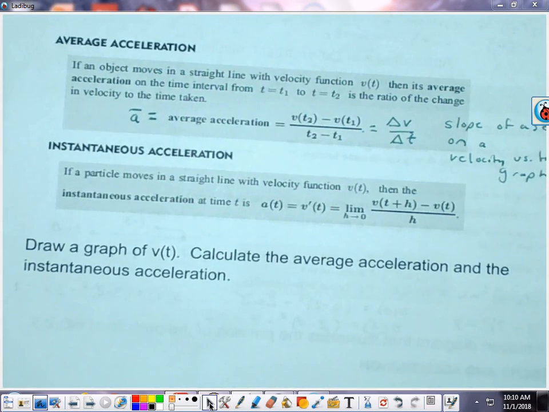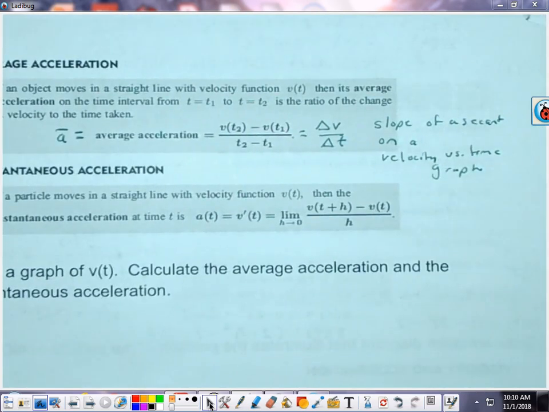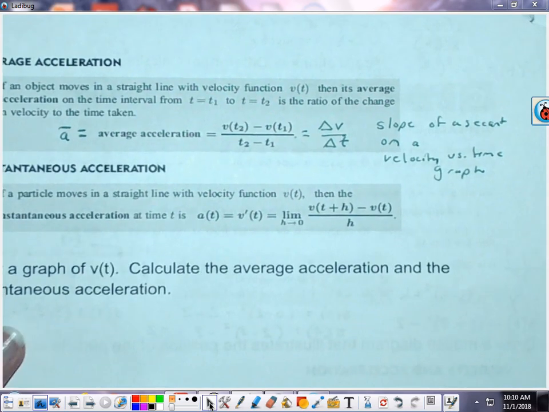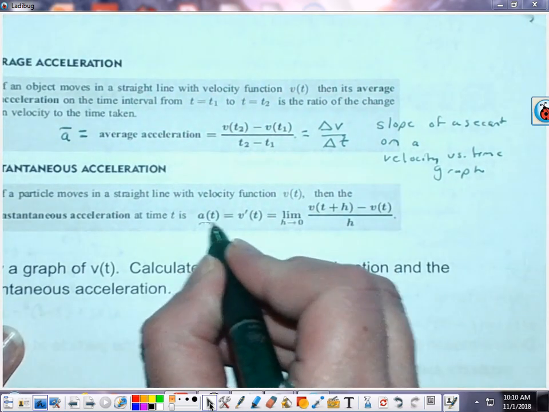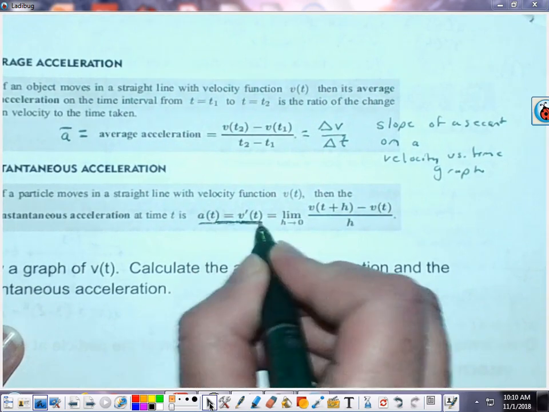Instead of doing a secant line, you do a tangent line, you can get just what it is at an instant. So the instantaneous acceleration is just going to be the derivative.